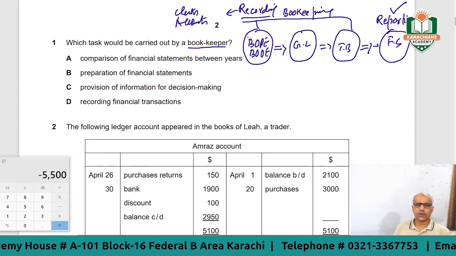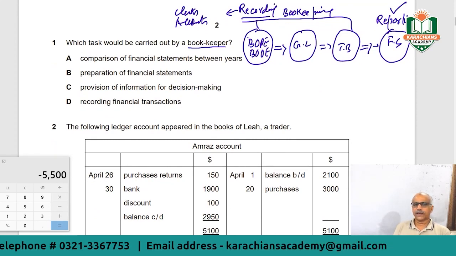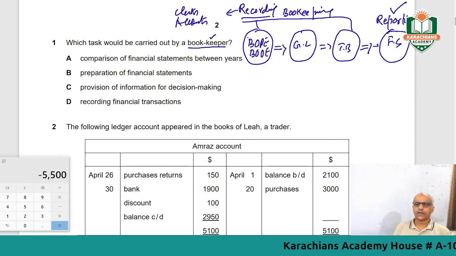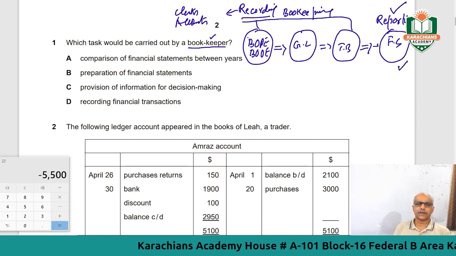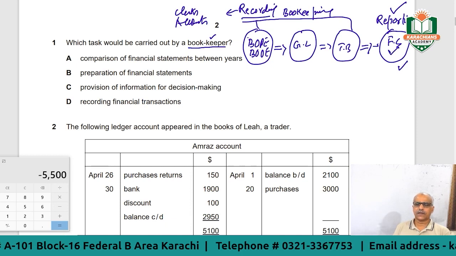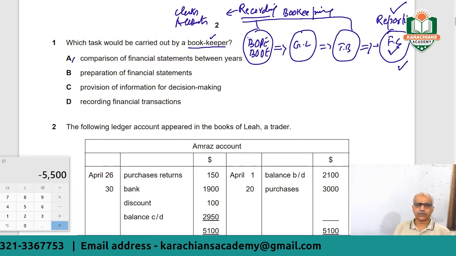So let's see what the question is. Which task should be carried out by the bookkeeper? Comparison of the financial statements between years, no, this is done by the manager. Preparation of the financial statements, this is done by the chief accountant or the manager, so this is also not applicable.